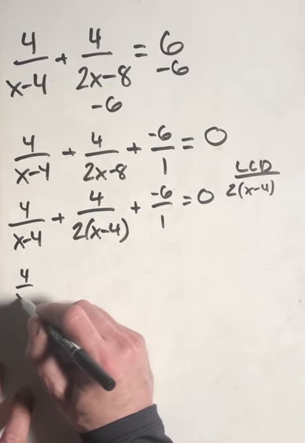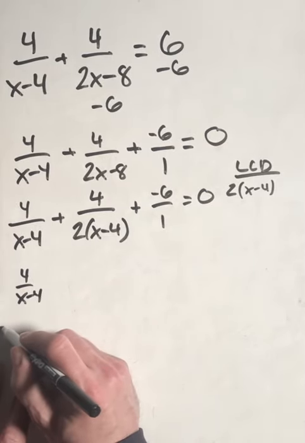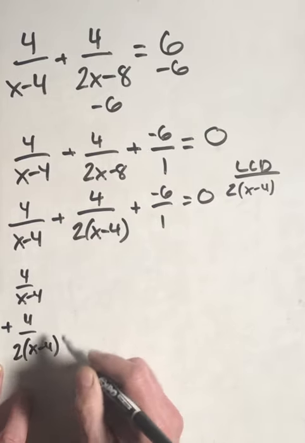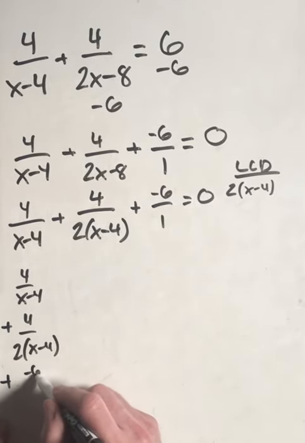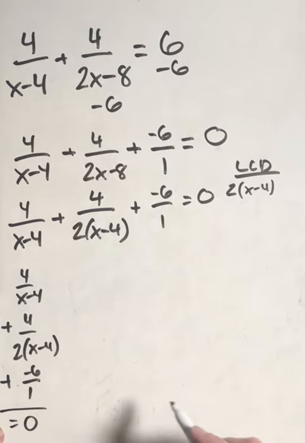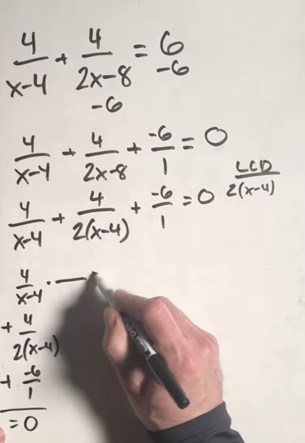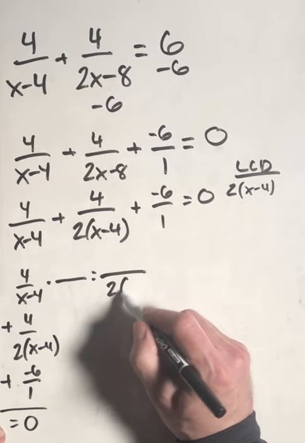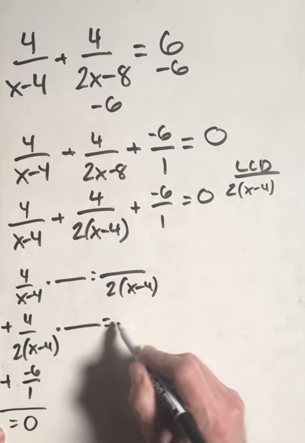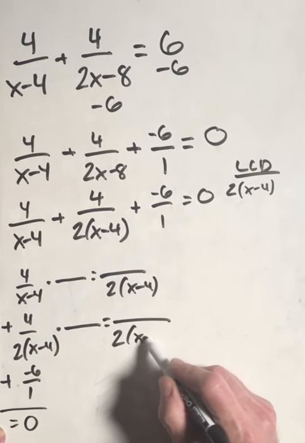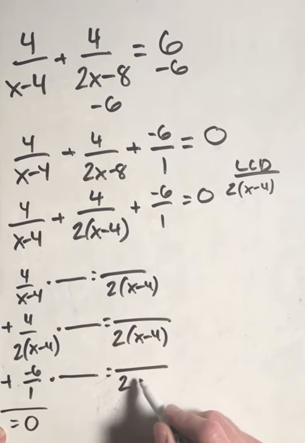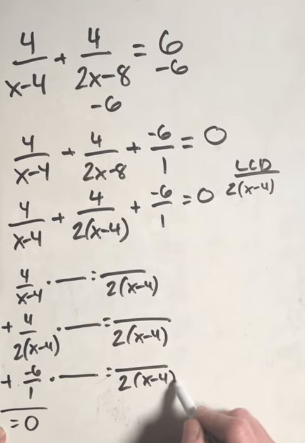So now we have 4 over x minus 4, we're going to write this vertically, plus 4 over 2 parentheses x minus 4 plus negative 6 over 1. Again, this whole thing still equals 0. We're going to multiply by a fraction to equal another fraction with our lowest common denominator, and we're going to do that same thing a third time.